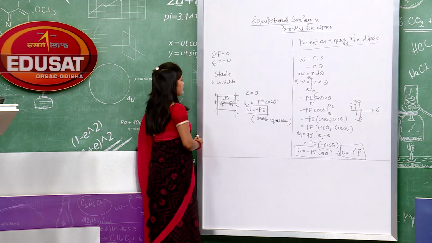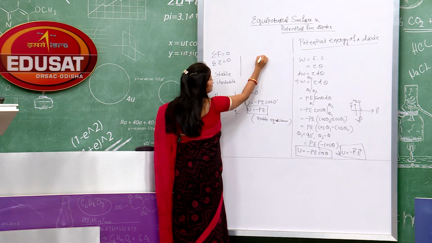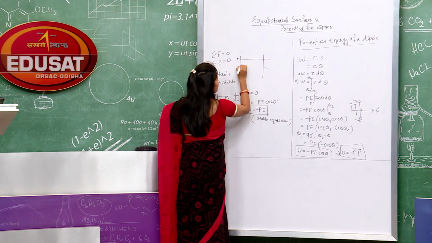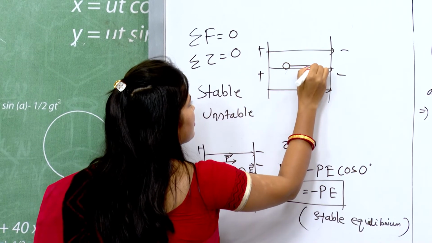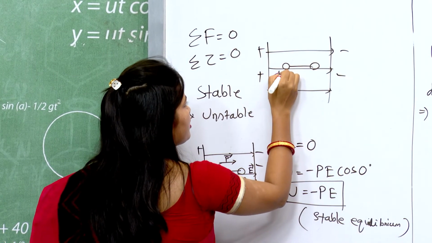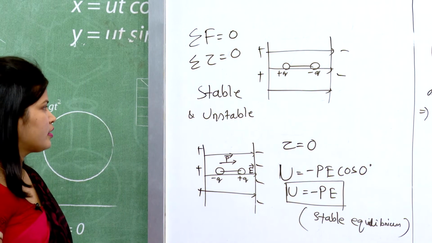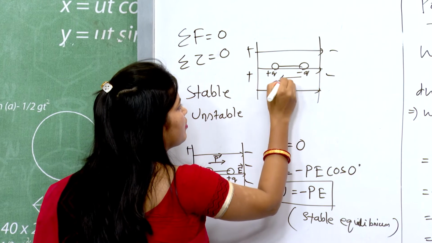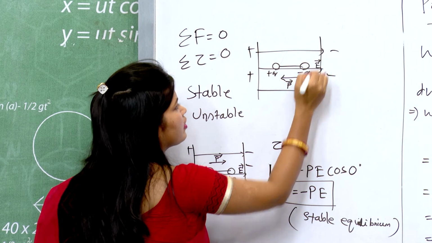Let us see the unstable case. Suppose inside the electric field the dipole is kept like this, with plus q here and minus q here. The dipole moment direction is from minus q to plus q, and this is the electric field direction.